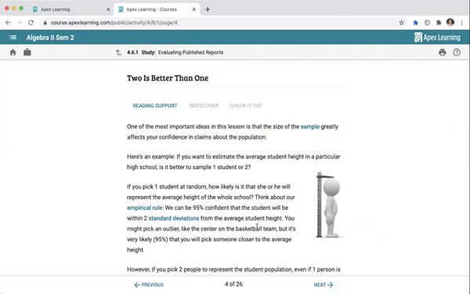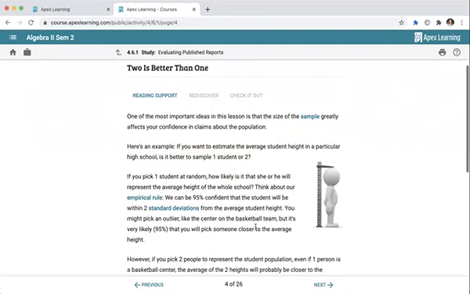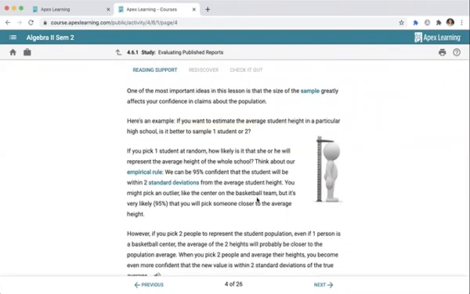Then looking at the question of the size of our sample, it obviously impacts the confidence in our claim. If we want to estimate the average height of a student, is it better to sample 1 or 2 students? If we pick 1 student at random, is he or she likely to be the average height of the entire school? Can we be 95% confident that this person will have the average student height?